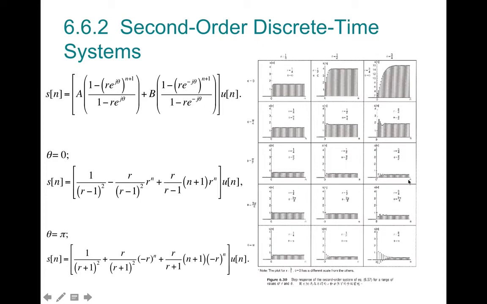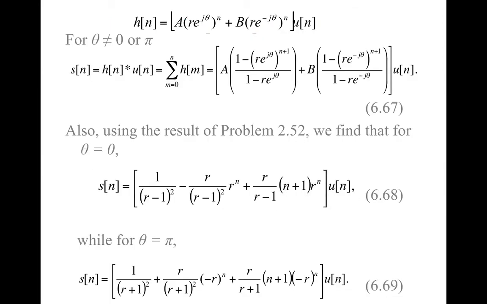All right, next we could derive the unit step response by taking the summation. If it's a geometric series, then the summation gives you this term. It's more complicated for the case when theta is equal to 0 or theta equals pi.